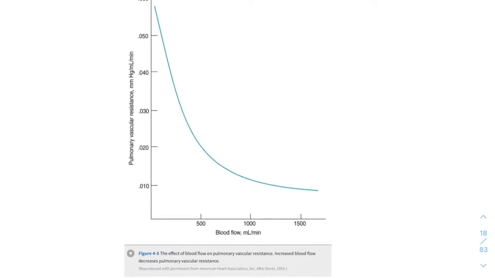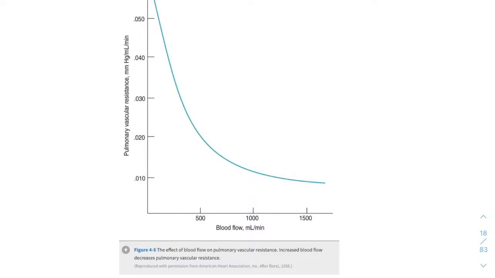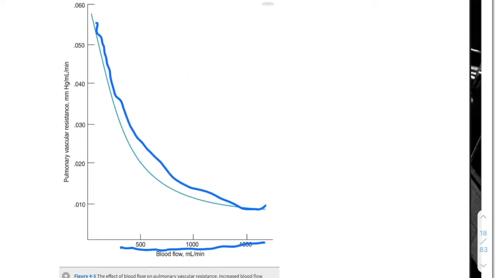During exercise, this graph will show the effect of blood flow on your pulmonary vascular resistance. Increased blood flow during exercise will decrease your pulmonary vascular resistance. What will be the mechanism involved to decrease this pulmonary vascular resistance in response to your elevated blood flow and perfusion pressure?